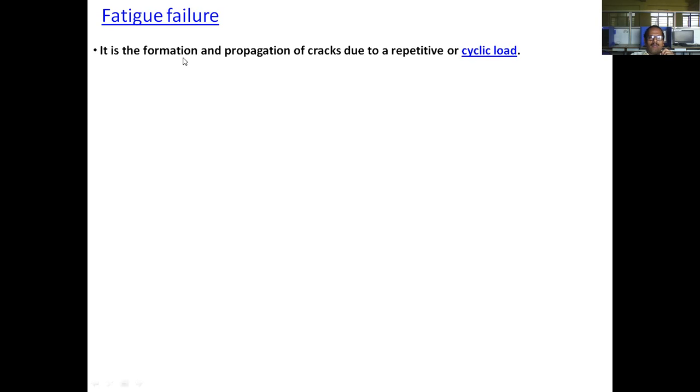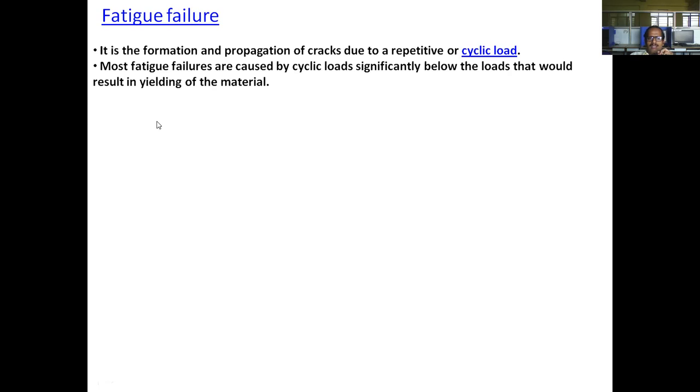So it is the formation and propagation of cracks due to repeated loading. Most fatigue failures are caused by cyclic load significantly below the load that would cause yielding.